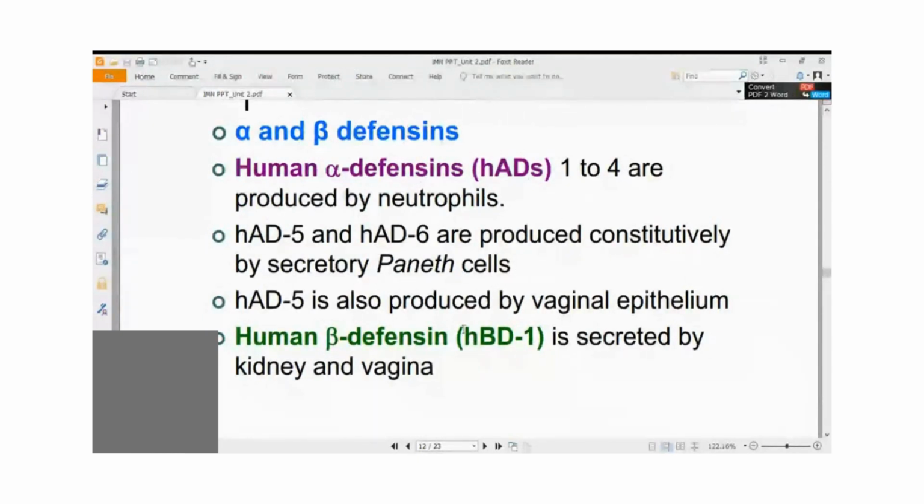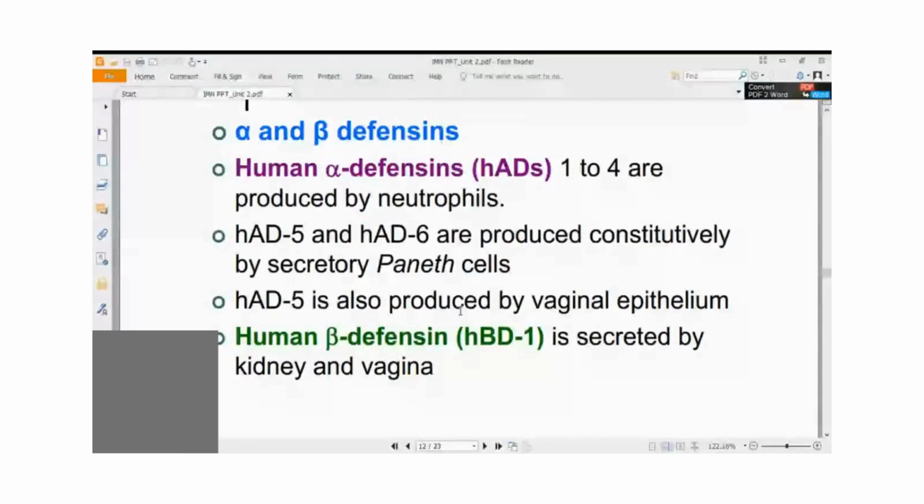There is also human beta defensin 1 produced by the lung epithelium, as well as the tracheal and bronchial epithelium, and that tracheal and bronchial epithelium is protected by human beta defensin 2.